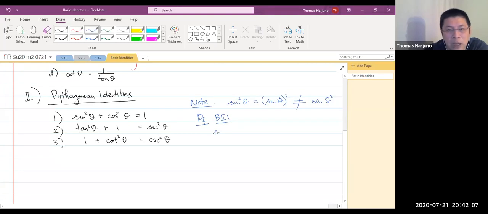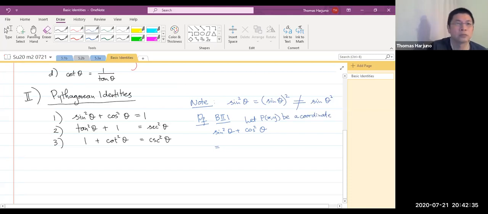We know that sine squared theta plus cosine squared theta is equal to... depends on which point of view you like to use, but let me use this: let P(x, y) be a coordinate on a unit circle, or let's say a coordinate on a circle.